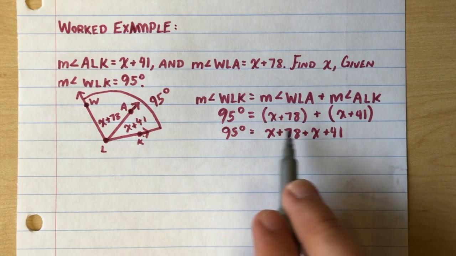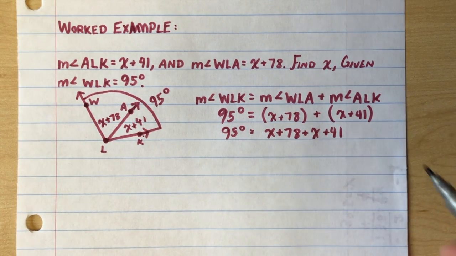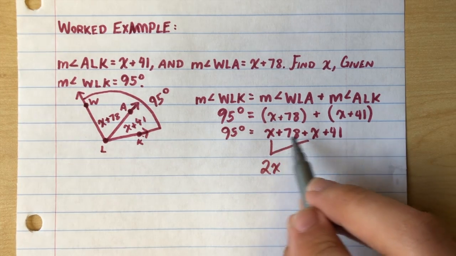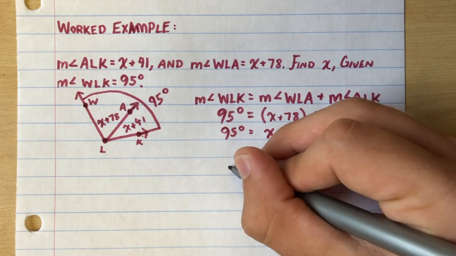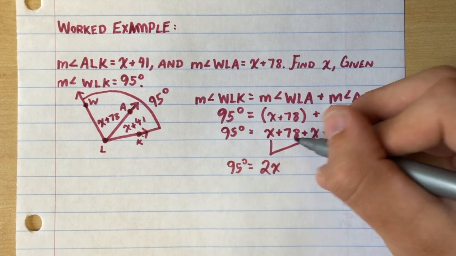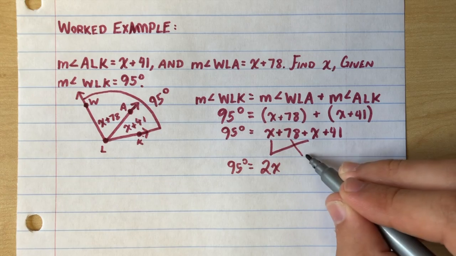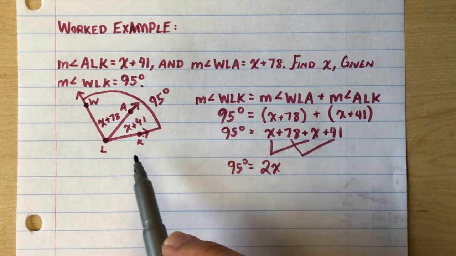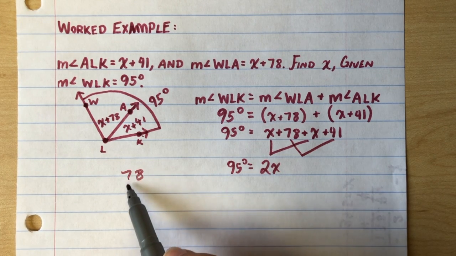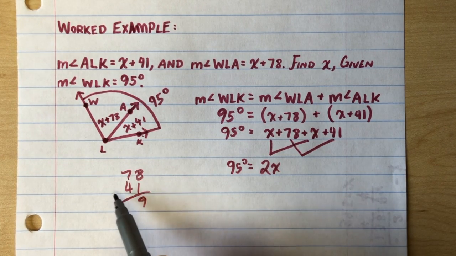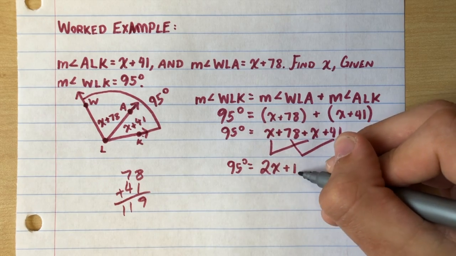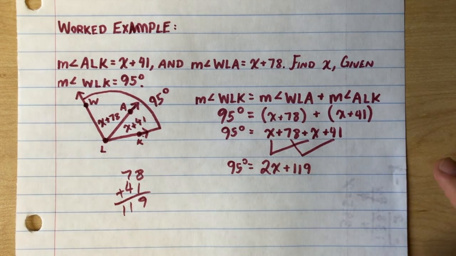The x's are like terms, so x plus x can be combined to just be 2x because there are two x's, all right? And that's equal to 95 degrees along with these numbers. So these numbers are going to be like terms. So 78 plus 41 would be, well, let's just work it out over here for a second. 78 plus 41 would be 119. So this is going to be positive 119, like that, all right?